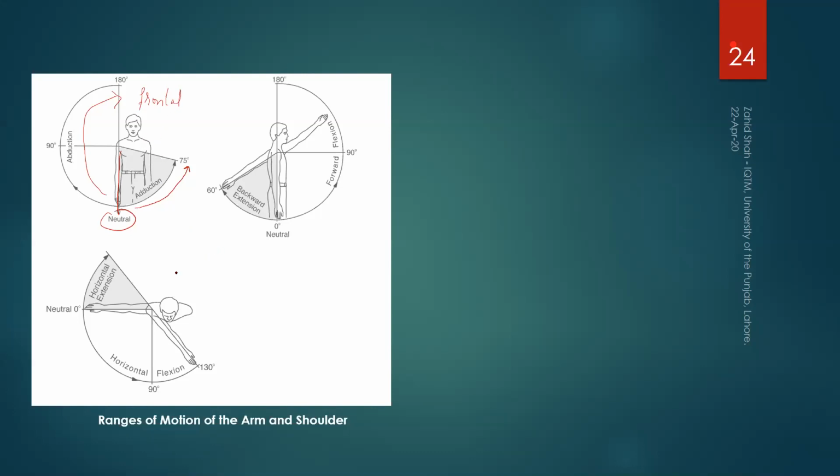If we see the movement of the arm in the transverse plane, you can see we can move it from 0 up to 130 degrees. And some extension is also possible. Right, so this is also in the frontal plane, so you can see that there is some backward extension that is possible, and forward flexion up to 180 degrees is also possible.